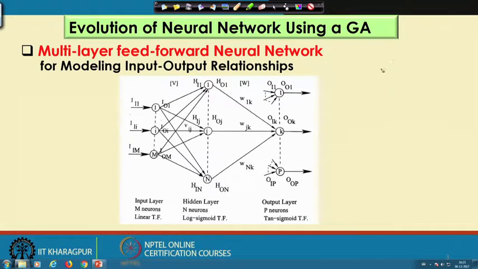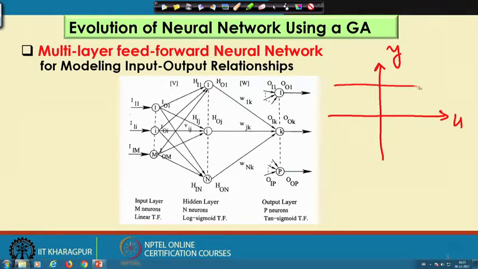Now, if I plot the log sigmoid transfer function, this is say u and this is y. For u equals 0, the value of y will be 0.5.